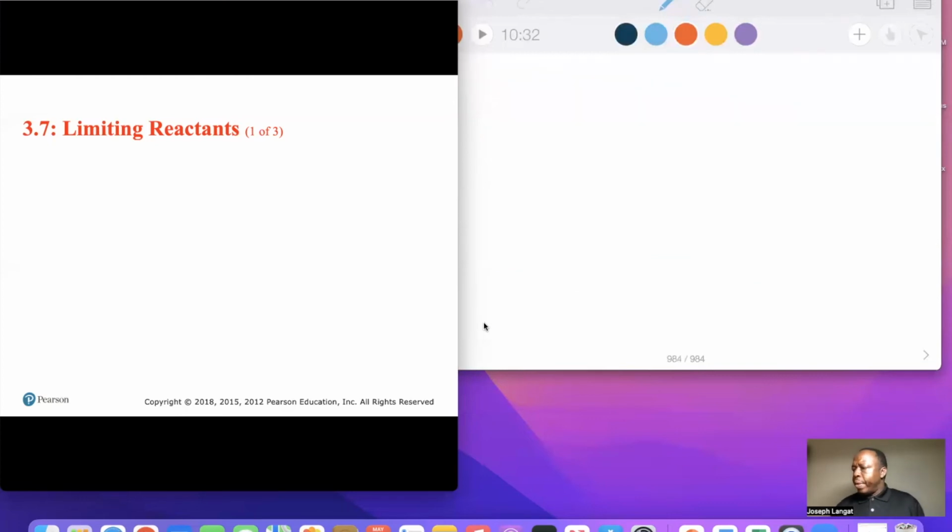A limiting reagent limits the amount of product. It does not mean that something you have in small amount is always going to be the limiting reagent.